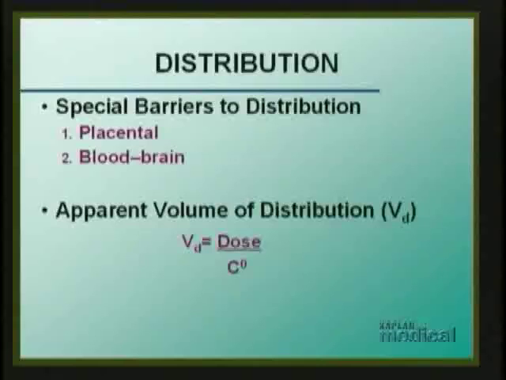It's an abstract number. All you can say is if VD is very high, blood concentrations are low, essentially telling you my drug is not in the blood; when VD is high, my drug is in tissues. It does not tell you what type of tissue, but the higher the VD, the more likely the drug has distributed well.